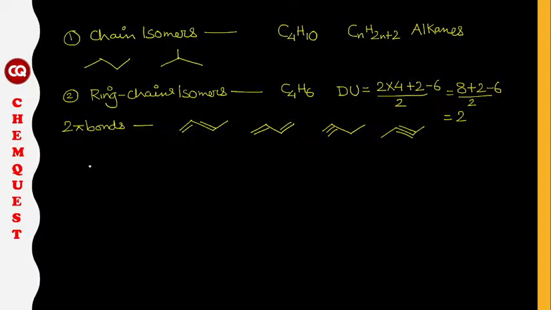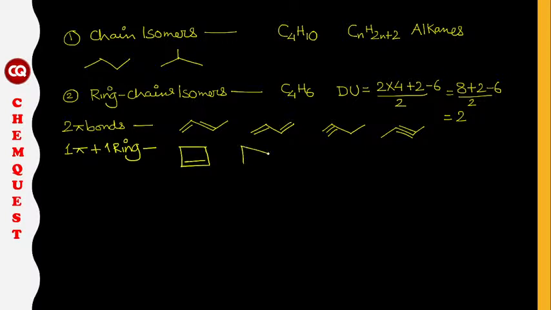Now 1 pi plus 1 cyclic ring structure. First one, 4 carbon with double bond: cyclobutene.